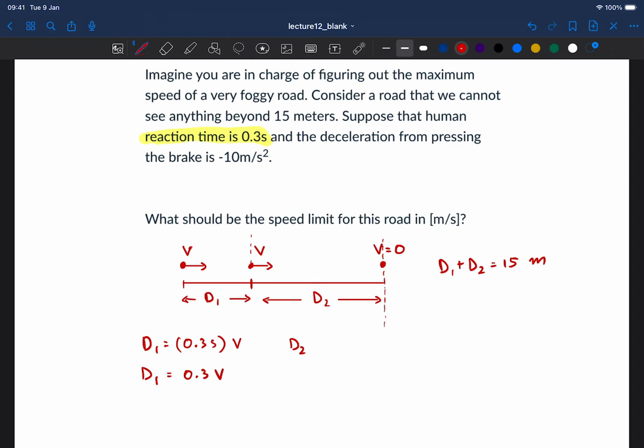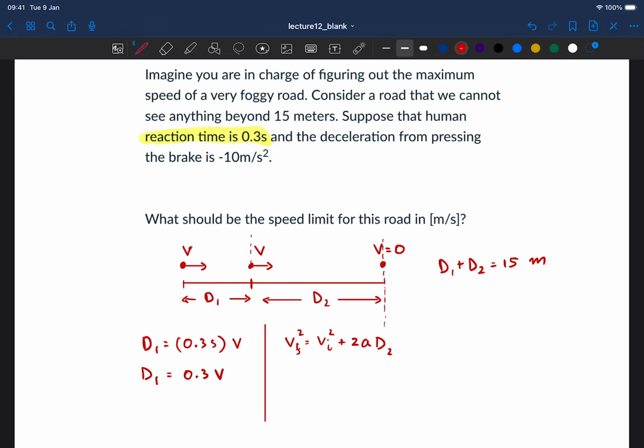So d2 is vi, well, okay, I think this is also the time where we should use a different equation, which is vf square equal vi square plus 2a d2, because we don't have information about the time here.